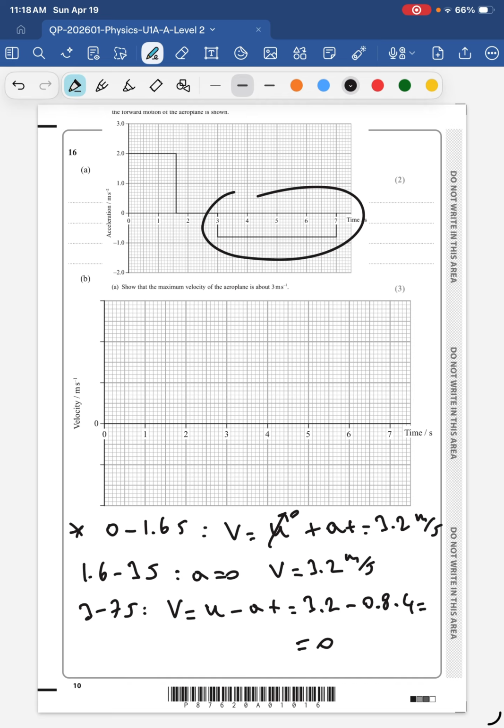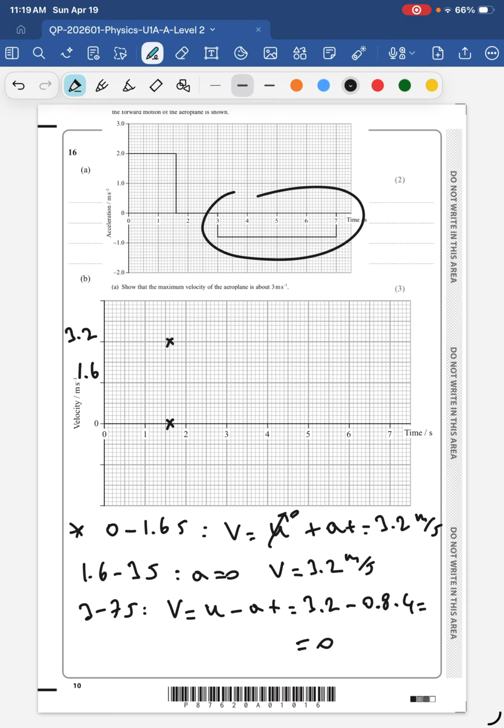Okay, so let's draw all these things. So let's call this the velocity. Okay, let's put 3.2 meters per second as the velocity on the y-axis. That's the only velocity we need, but the previous one will be, of course, 1.6, I mean, in terms of the squares. So anyway, 1.6 is this point over here.